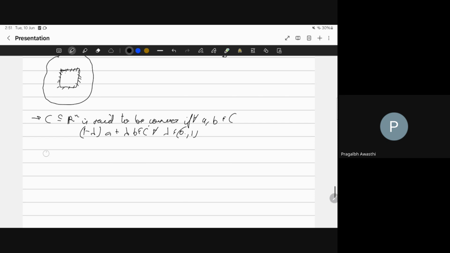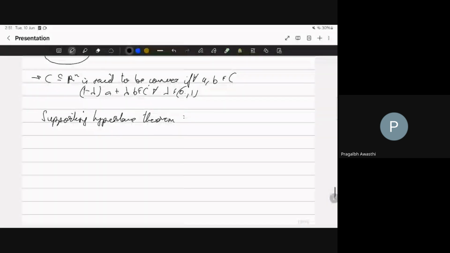The first result that I would like to recall from convex geometry is the supporting hyperplane theorem, which, rather than stating it very rigorously, I'll just give a geometric idea of what's happening.